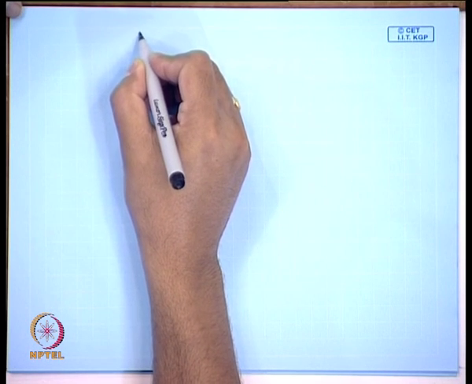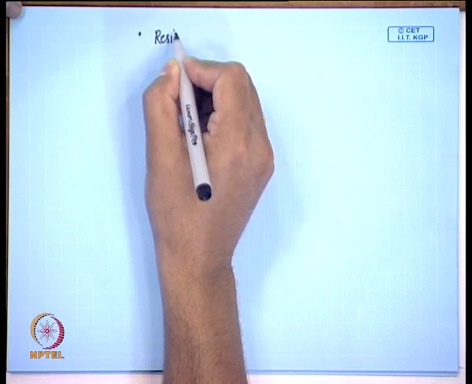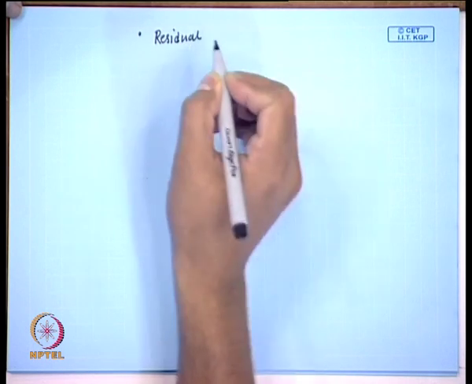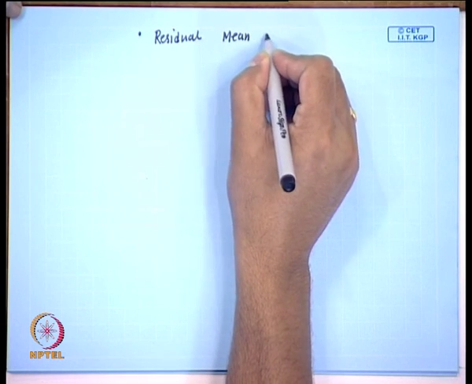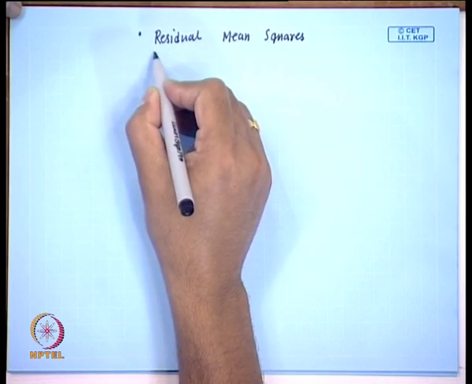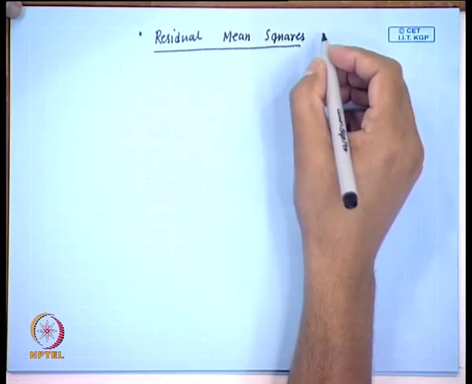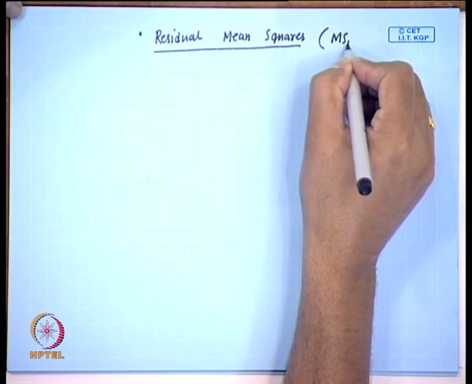One criterion is residual mean square, which we denote by MS residual.